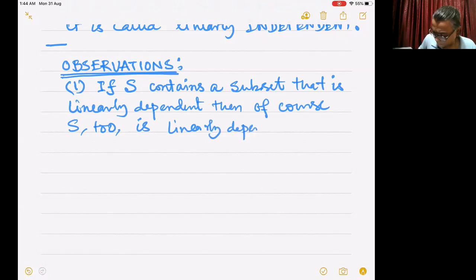It immediately follows from the definition. If S contains a subset that is dependent, that means it contains some vectors whose non-trivial linear combination goes to 0, and that is contained in the bigger set S also. So whenever a set contains a linearly dependent set, that bigger set also automatically becomes linearly dependent.